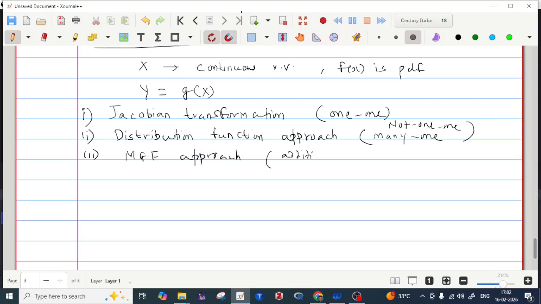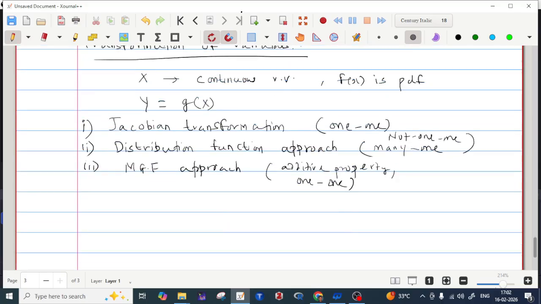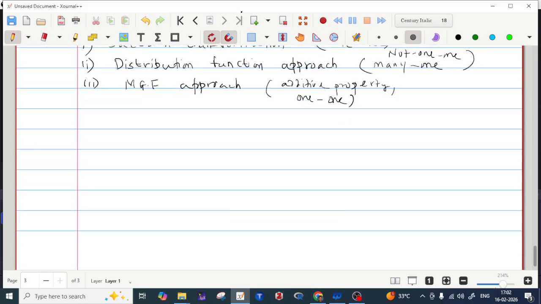This is not the only case; one can also use this in a one-one function approach. These are the three different methods of transformation. Let's see one example for this transformation.